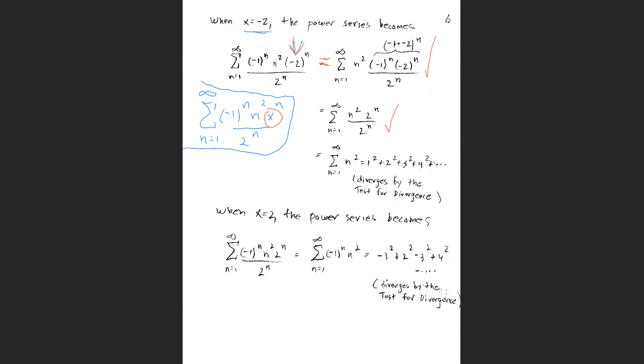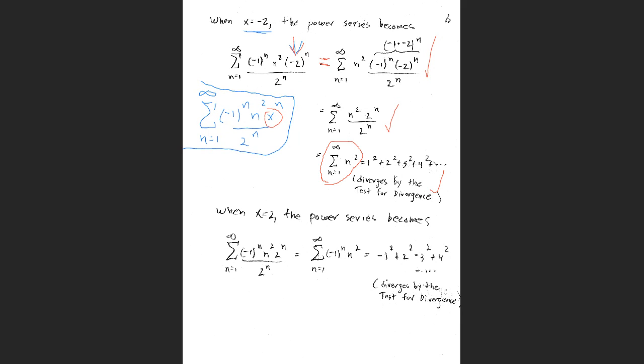But that just equals the series whose terms are n squared. Well, that series has to diverge, right? Because 1 squared plus 2 squared plus 3 squared plus 4 squared and so forth. The terms are not getting smaller. So there's no chance that this series converges.